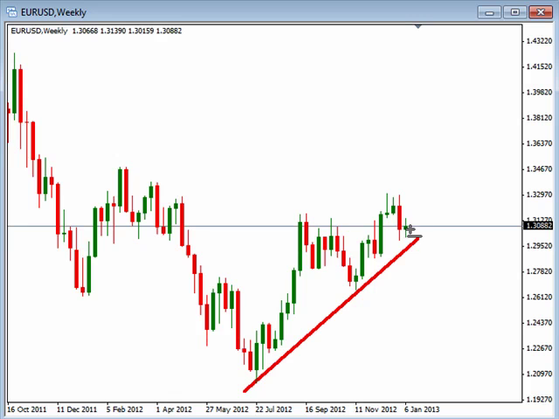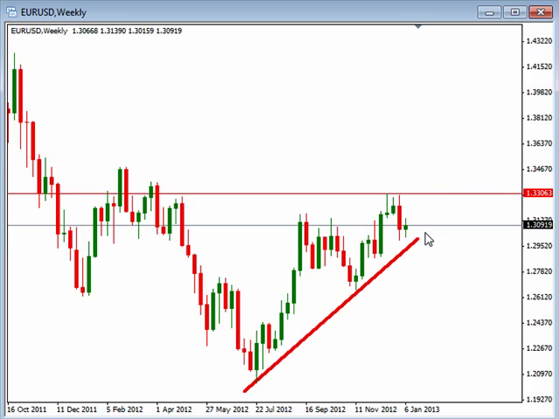Now in this case, the highest high of the last three is going to be right here. So it's going to have to move up almost 300 pips to be able to move above that. Now, ideally, what will happen is the market will settle down and we'll get another opportunity to enter into this.